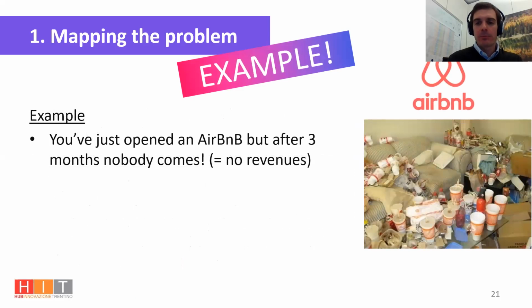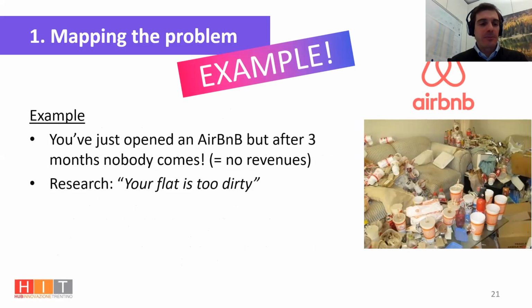I give you another example. Consider that you have opened an Airbnb in your own flat, and the problem that you have is that nobody comes, and therefore you create no revenues. You do some research, and maybe by asking your friends you end up understanding that your flat is way too dirty for other people to come.